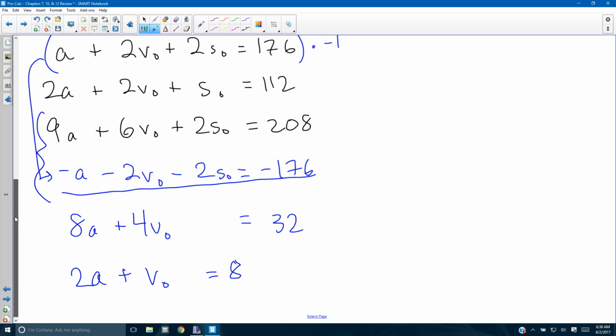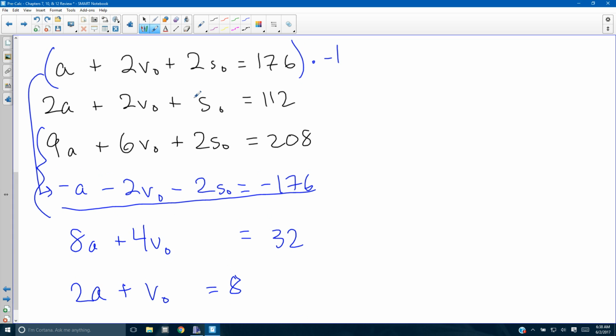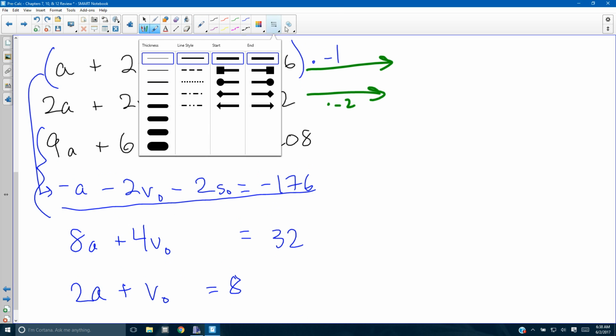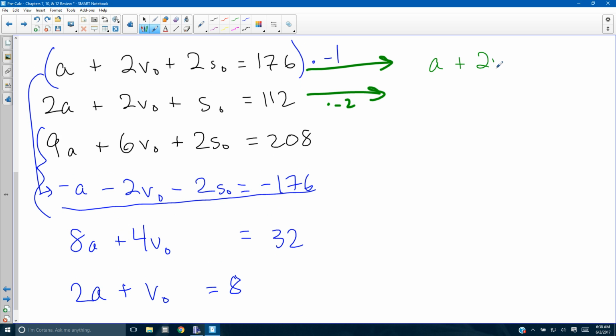I'm going to go ahead and eliminate the s naughts from another set of two equations to make the rest work. So let's take equations 1 and 2. If I multiply equation 2 by -2, I'm going to eliminate the s naughts, and I'll have these two equations: a plus 2v naught plus 2 s naught equals 176, and then -4a minus 4v naught minus 2 s naught equals -224.